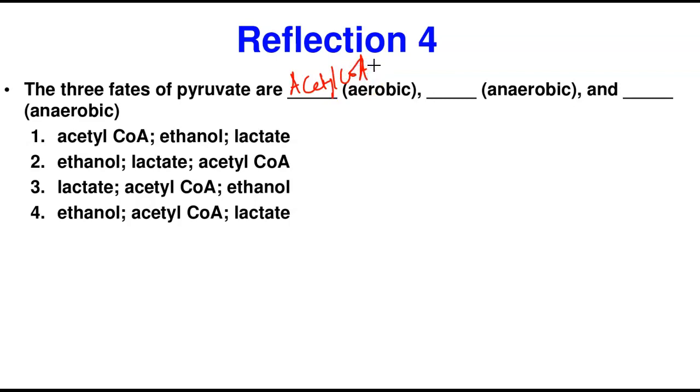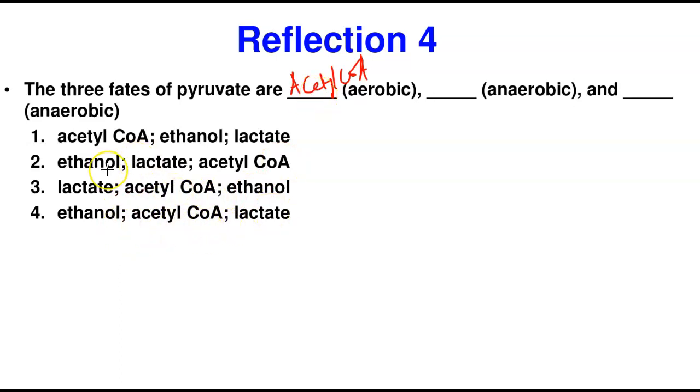Acetyl-CoA is aerobic. And then the two anaerobic ones, you can put whichever one you want. So if you start with any one, just make sure that it matches the answer. So you can have acetyl-CoA, ethanol, and lactate. So let's see the one that will be correct. It says lactate, this can be this one. It can be this one, because ethanol cannot be here.